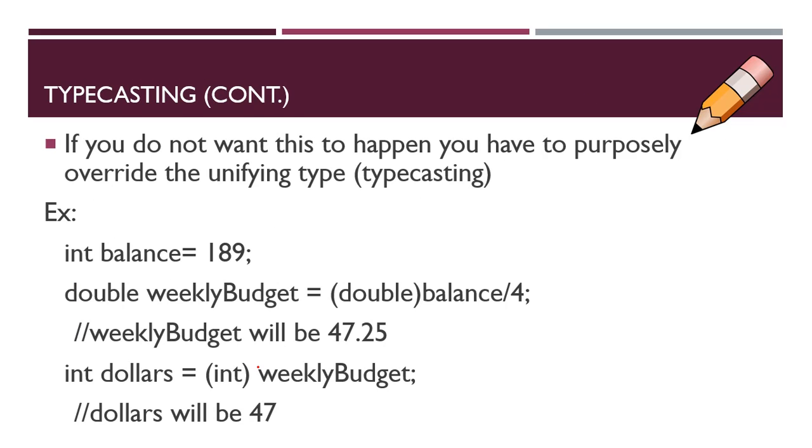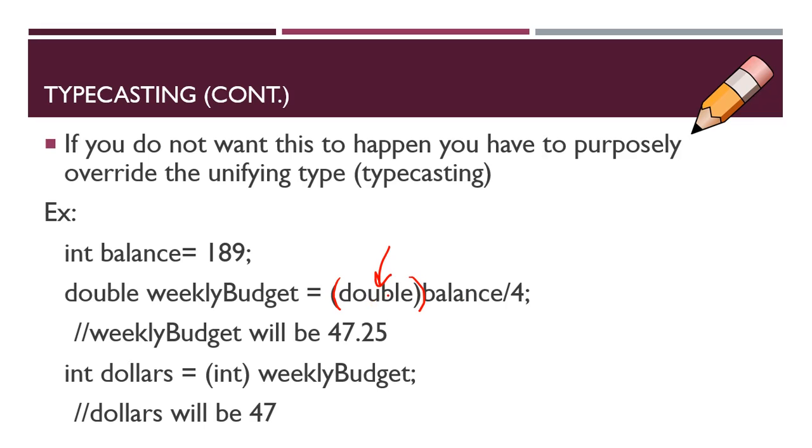Now you're probably asking, how can I make this not happen? Well, if you don't want this to happen, you purposely have to override the unifying type by typecasting. So right here, I have int balance equals 189, and I have to divide that by 4. Notice what I'm doing right here. I am purposely making balance a double.